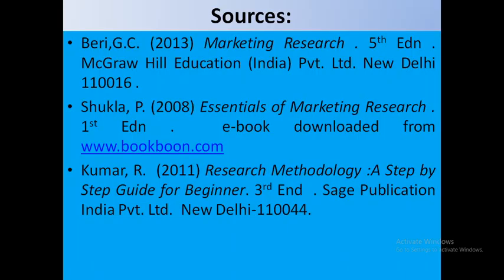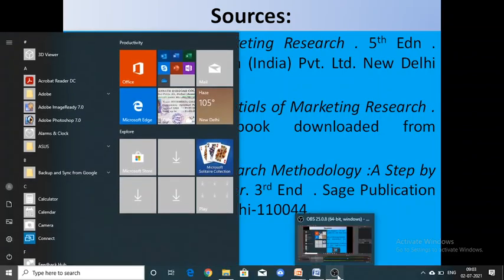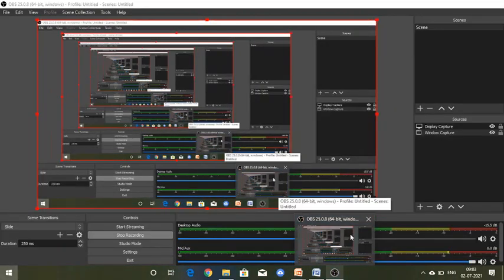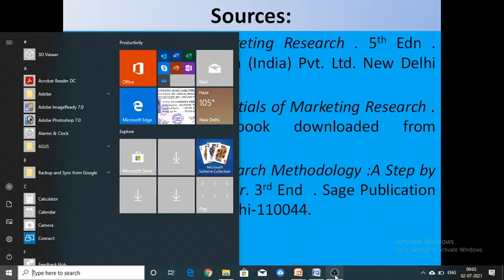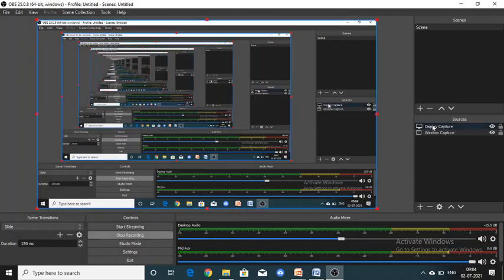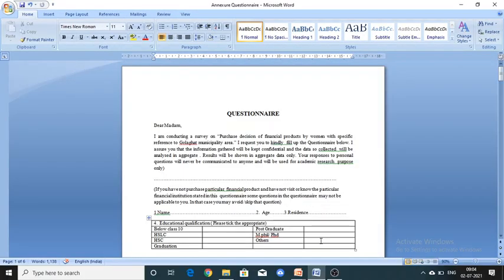These are the sources from where I have collected the information that I have presented in the slides. Now I am going to show you a questionnaire that I developed in my MPhil study, so that you can have a good idea about item writing.